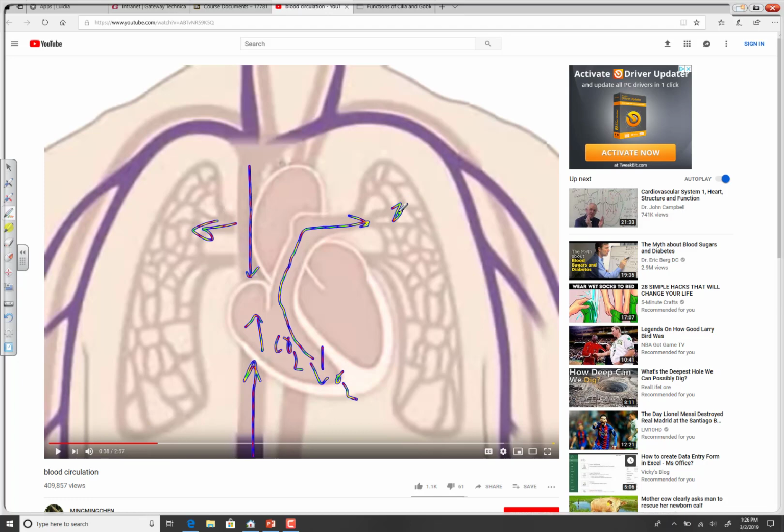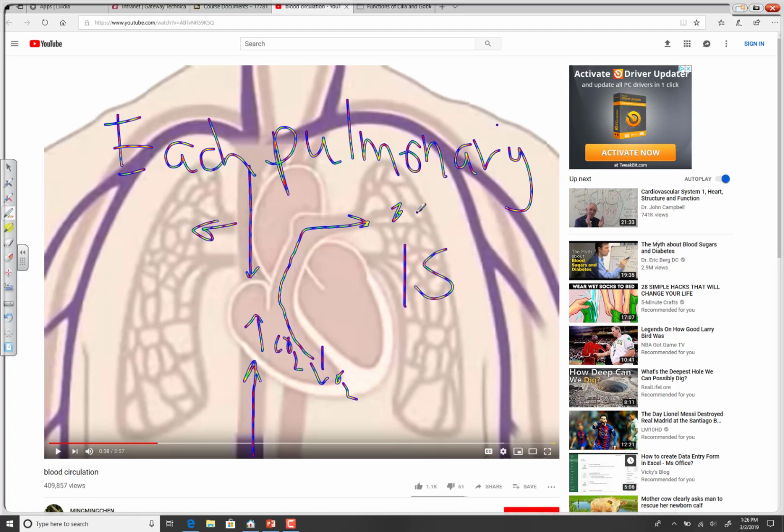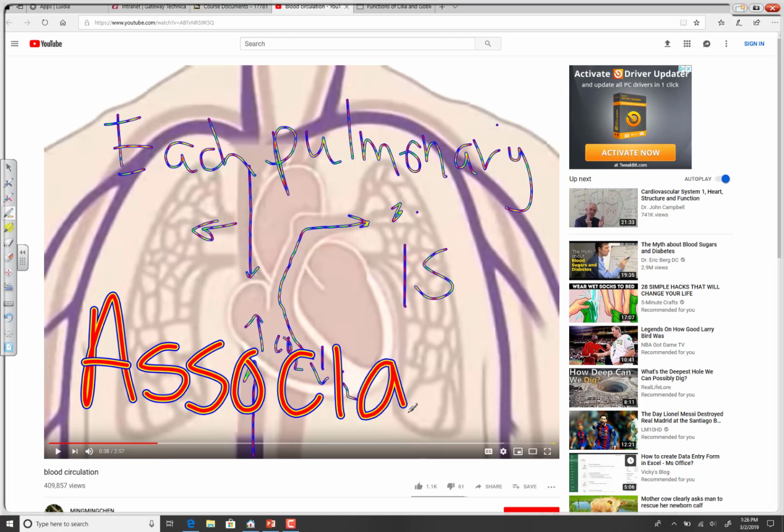And this is important. Each pulmonary capillary within the lungs is associated with an alveoli.